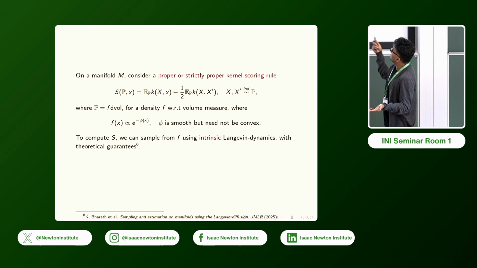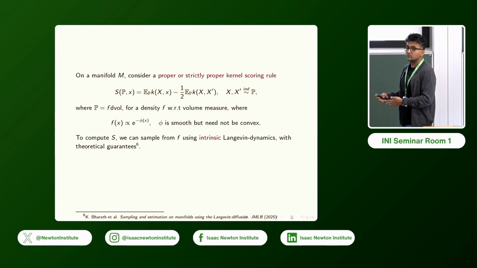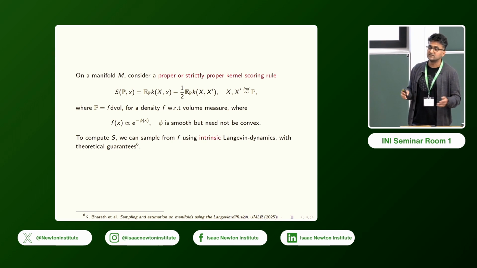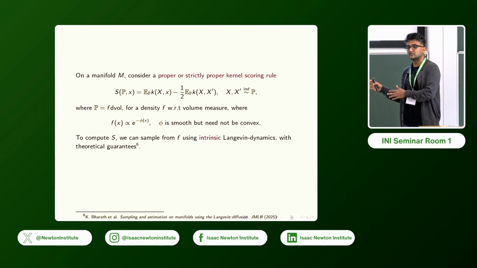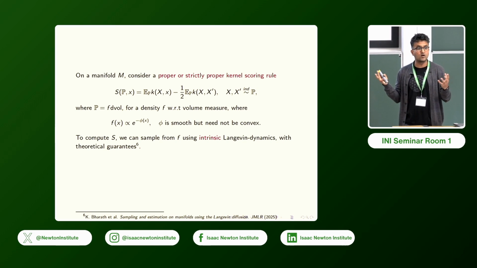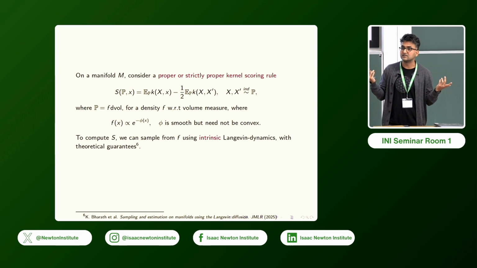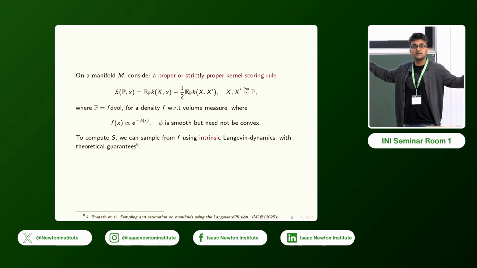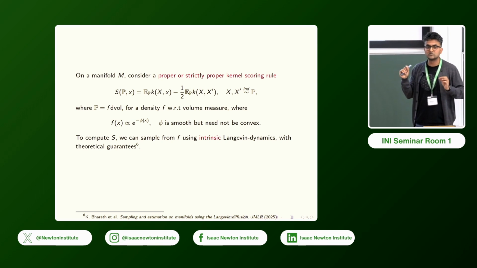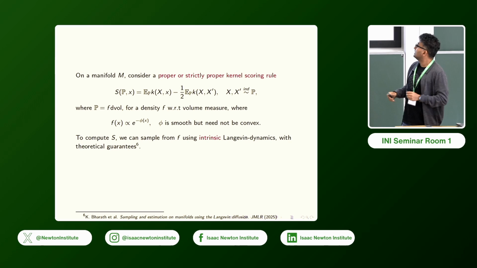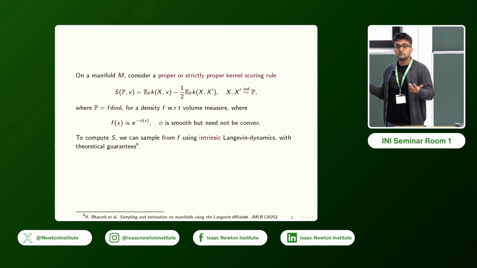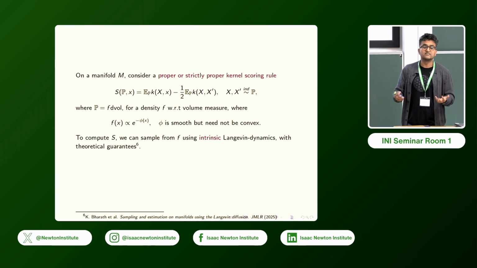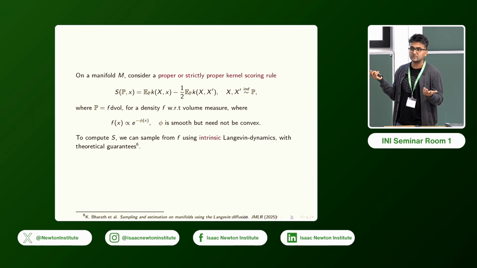Now, if it is of the form e to the minus some potential phi, this phi can be anything. It needn't be convex, so you needn't think of it as a log-concave situation. It can be very general. It can have heavy tails, it can be polynomially decaying, but it needs to be smooth in some sense. If that is the case, then we can sample from this unnormalized density on the manifold, approximate this, and actually give some theoretical guarantees.